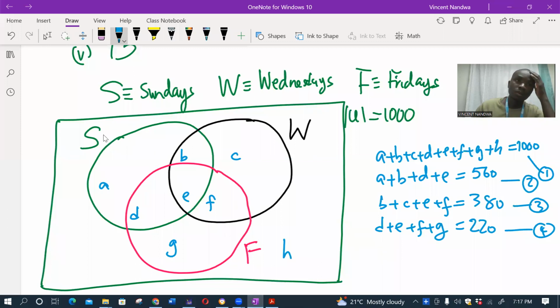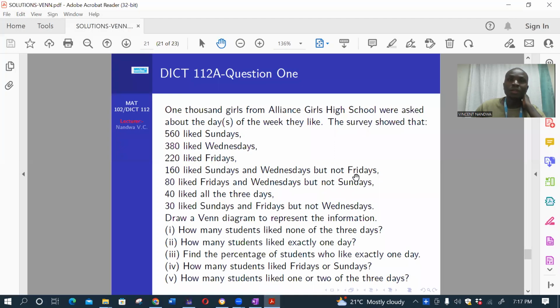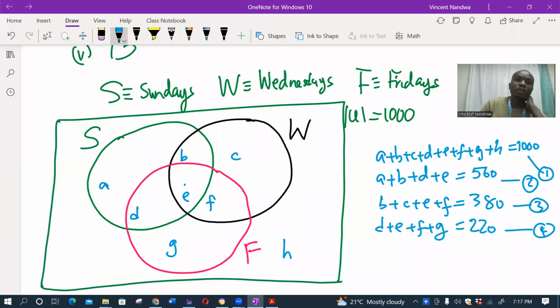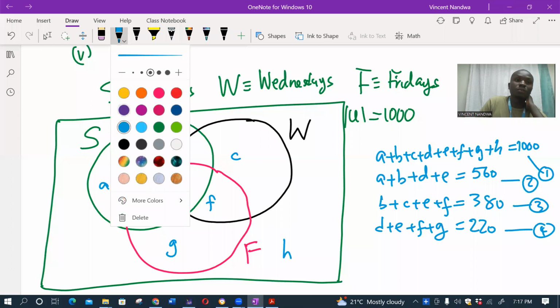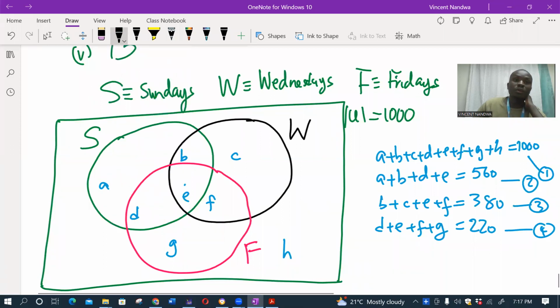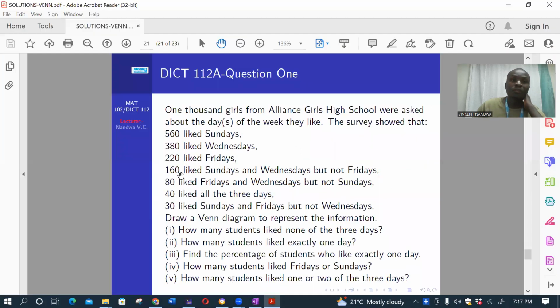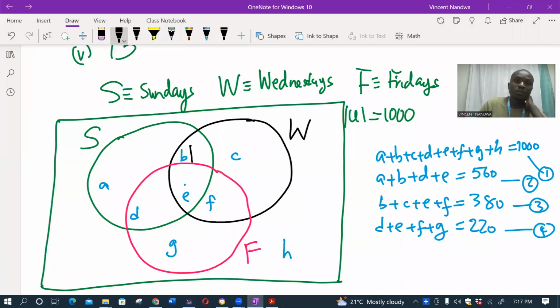The green circle meets the black circle at B and E. But then we don't want to be in set F. So we exclude E and remain with part B. Therefore, B has the value 160.